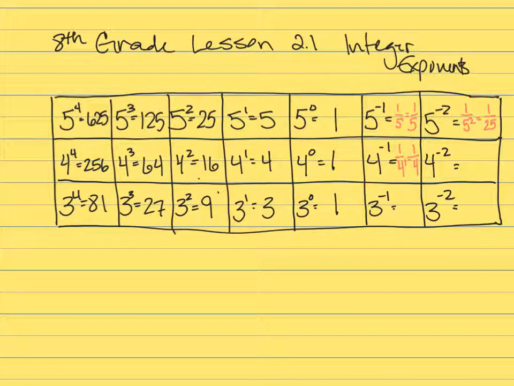And 4 to the negative 2nd power is just 1 over 4 to the 2nd, which we know 4 to the 2nd is 16, so we can rewrite that as 1 over 16. And that's all it says.